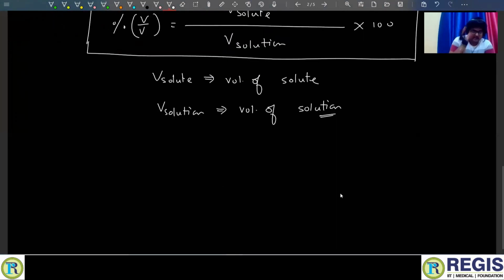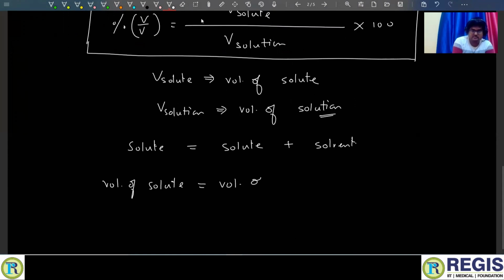Okay. Now always we all know that solution is basically solute plus solvent. Okay. So volume of solution which is equals to volume of solute plus volume of solvent.